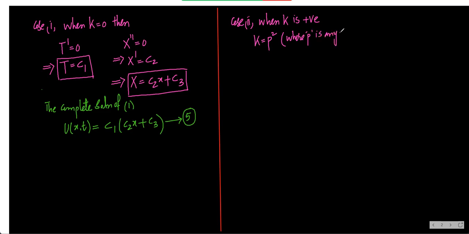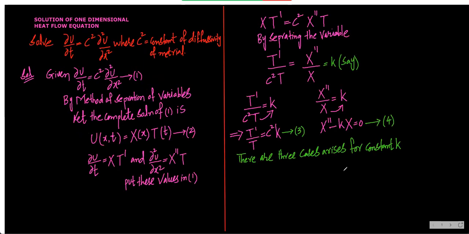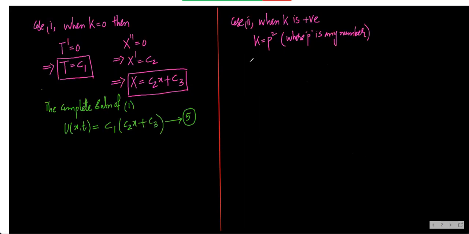What happened when I am taking k value is equal to p square? Where we have to substitute? We have to substitute here. So when k value is p square, you will get t dash by t is equal to p square c square, correct? Yes. Now, then integrating.